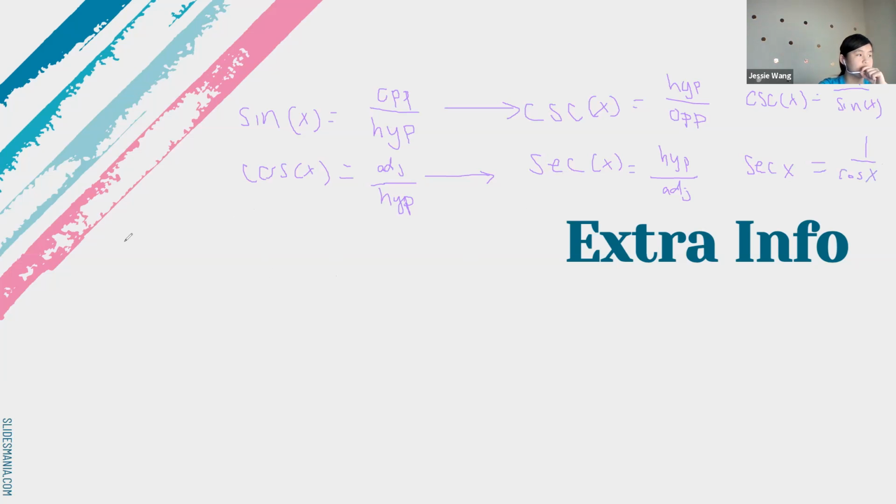We also have tangent and cotangent. So if we have tan of x, this is equal to the opposite over the adjacent. Now we also have cotan of x, which similarly is equal to the adjacent over the opposite. So it's just flipped.